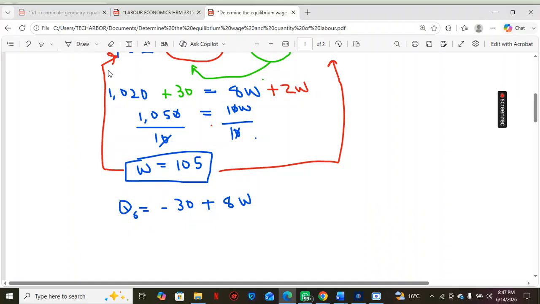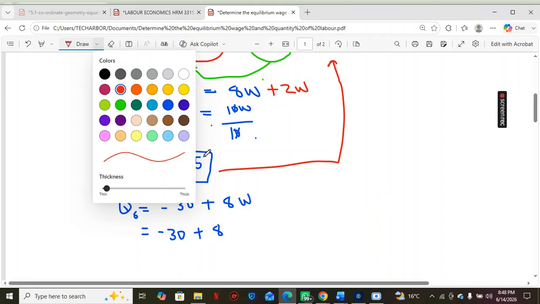So we're going to have negative 30 plus 8, substituting W with 105.